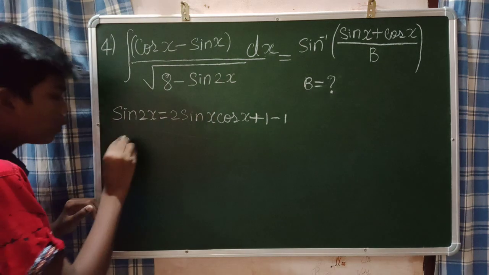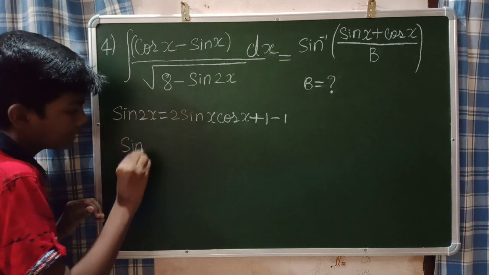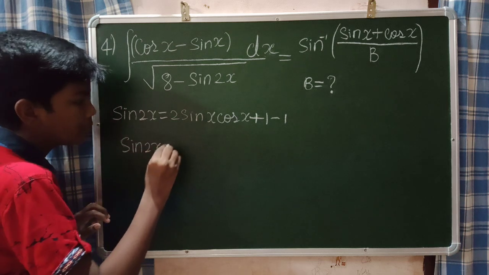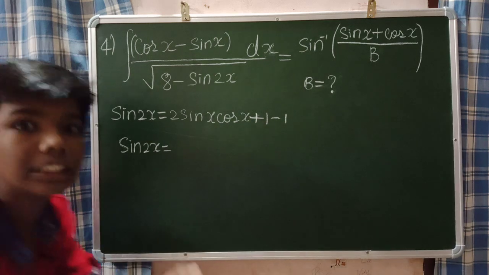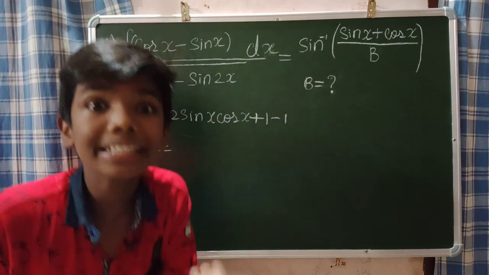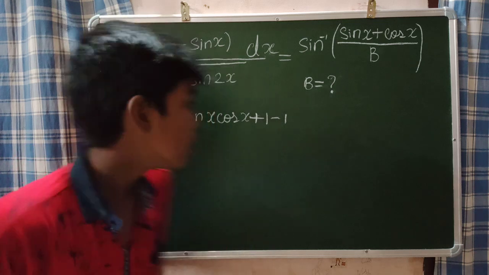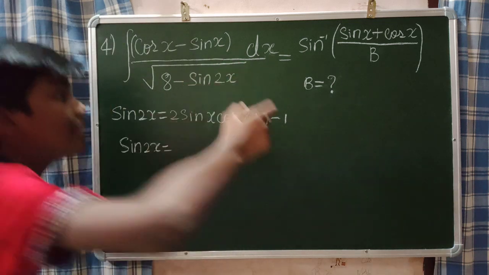Now, how this equation will get converted is, sin 2x is equal to 2 sin x cos x plus 1 minus 1. So what is 1? That is sin square x plus cos square x, your basic trigonometry Pythagorean identity. So sin square x plus cos square x will give us 1.